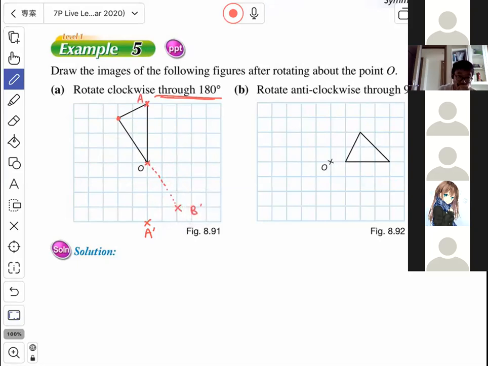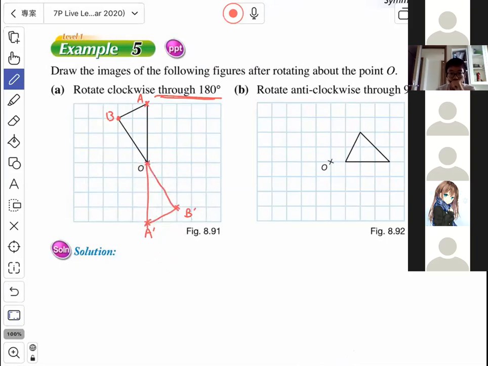If it is already 2 by 3, then the new image is also 2 by 3. You know what's meant by 2 by 3? This is 2, this is 3, 2 by 3. So you draw the new image of the other points, join it, and you obtain the answer.